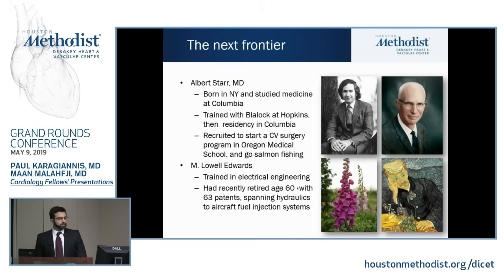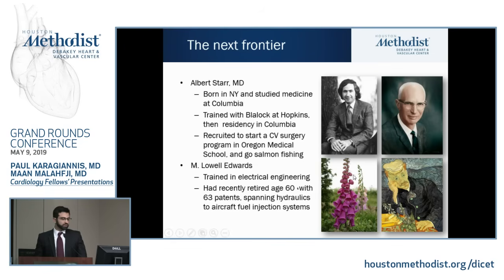And Lowell wanted to create a machinery like heart. He wanted to get into the VAD game, essentially. And Starr thought that it was too early and that we still need valve replacement, that we can't really just jump too far ahead, if you will. And this is the treatment we had for heart failure at the time.